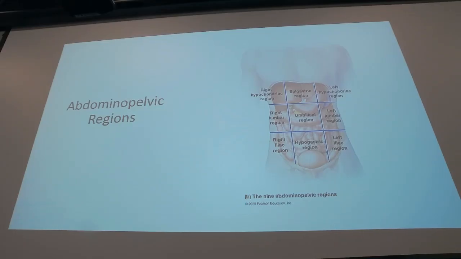Now, this one, which is in the middle, the upper part, is called the epigastric region. And then to the right and to the left of the epigastric region, we have two regions that are called hypochondriac.